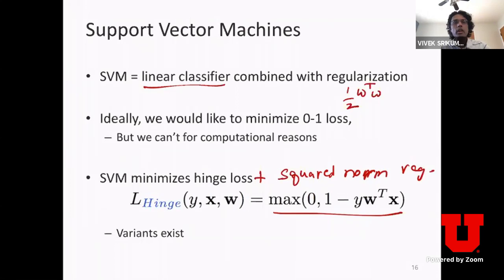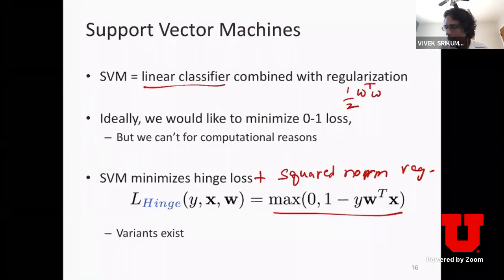If we are willing to live within this world of regularized risk minimization or loss minimization, then we can think of an SVM as just a linear classifier that's trained by minimizing the squared norm regularizer plus the empirical hinge loss. This is it. If you change one of these things, you get a different learning algorithm.